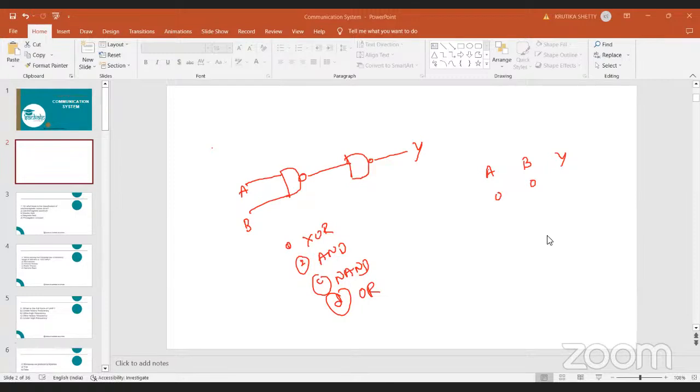Yesterday we discussed what we will get in case of an AND gate.